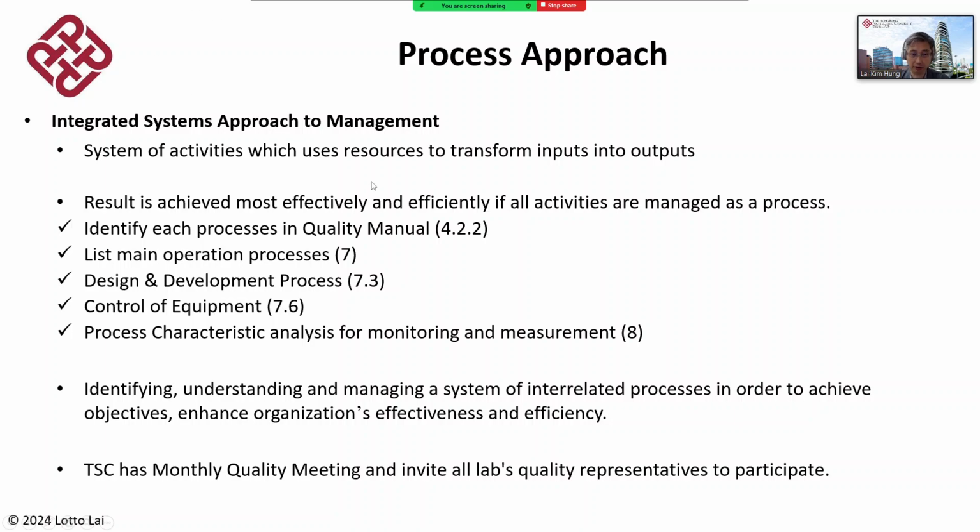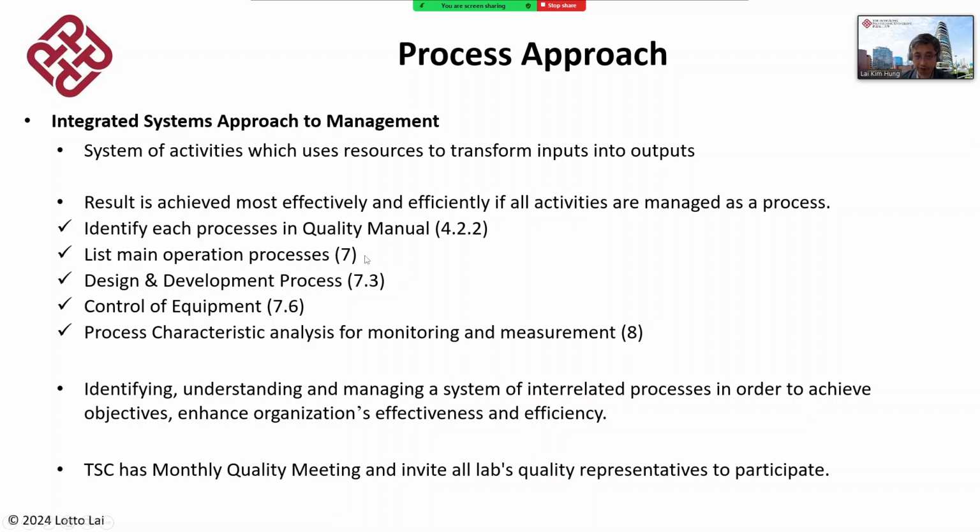A system of activity which uses resources to transfer input to output is a process. So we can consider different items related to the process approach. Results are achieved most effectively and efficiently if all activities are managed as processes.